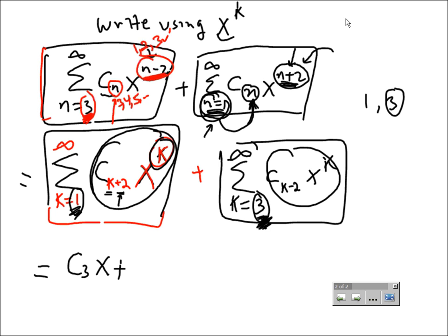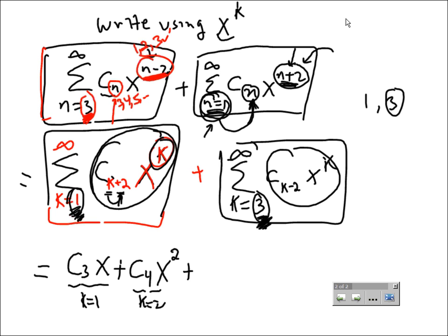Plus, now k is 2. K is first 1, then it's 2. Well, 2 plus 2 is 4, x to the 2. This is where k is 1. This piece was where k equals 2.